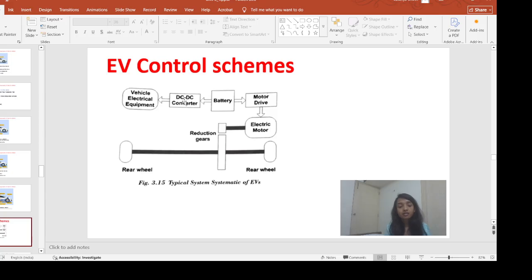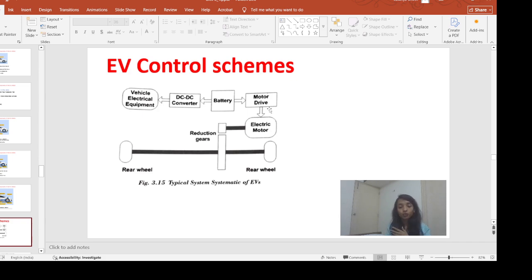This device changes the voltage level of the electricity from the battery to a suitable level for the vehicle's electrical equipment. Next we have what? We have the battery. So the main source of stored electrical energy is your battery. It will supply the power to the motor and other electrical parts.